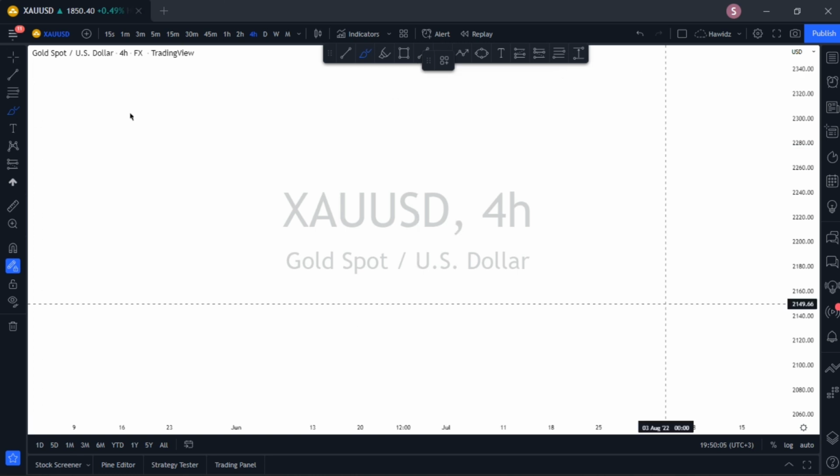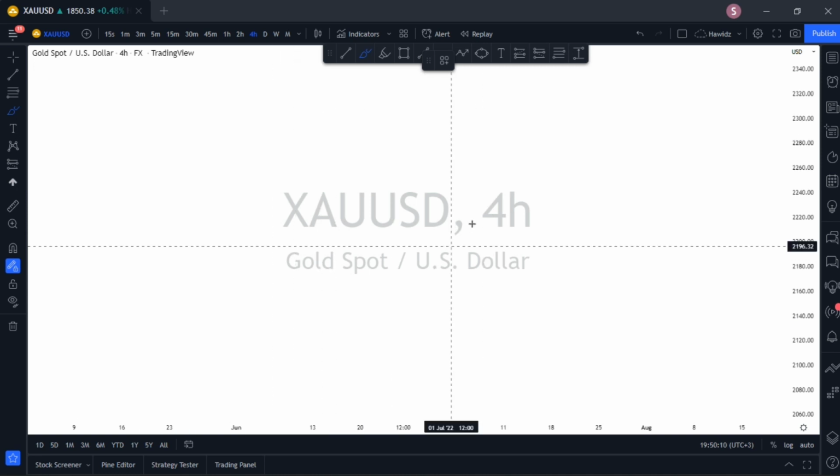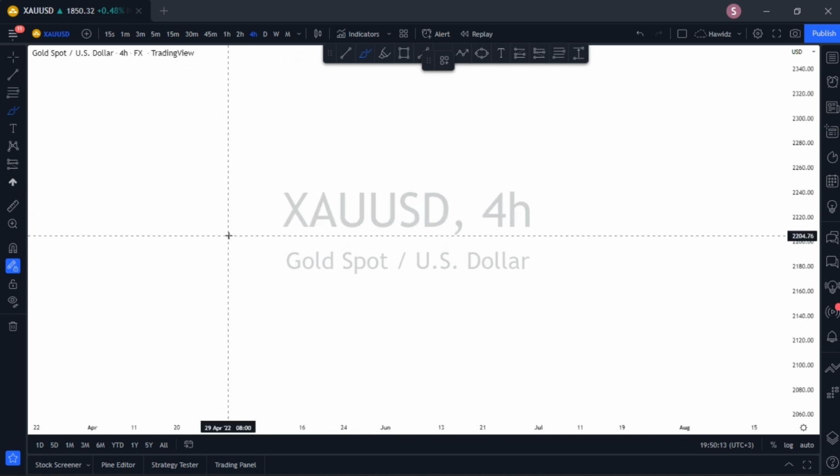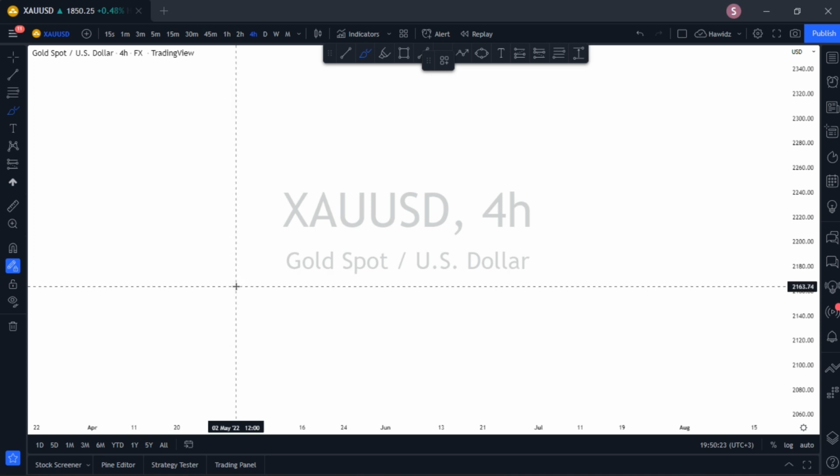I mean, if you don't have structure, then you just have a plain chart like this, where you can't see anything, right? So once you have that understanding of structure, that is when you can go and trade Wyckoff. Now, Wyckoff in itself is simply a footprint that shows you how the market shifts, right?